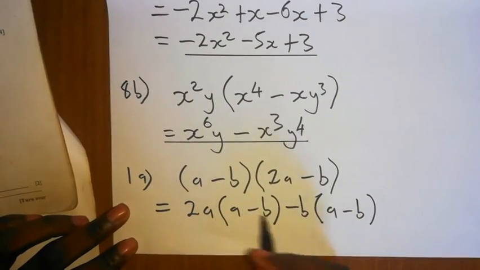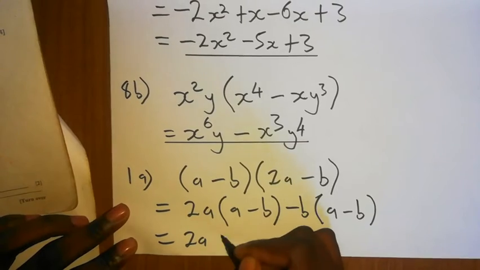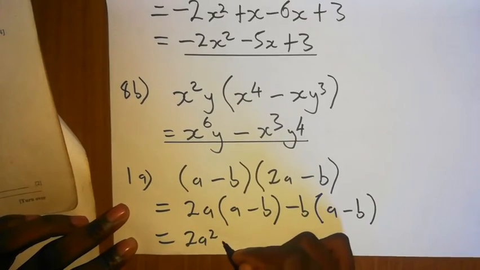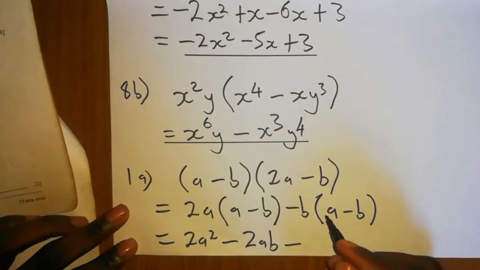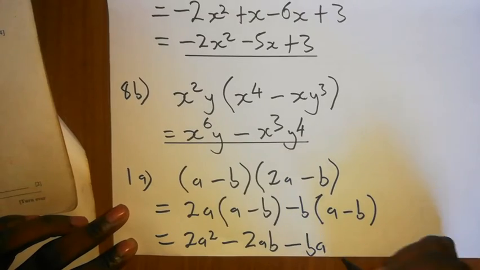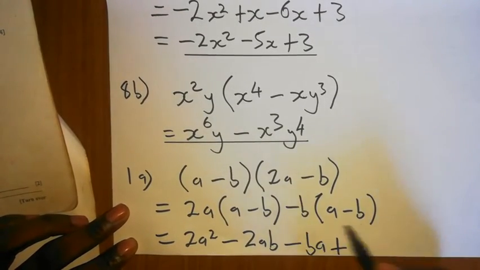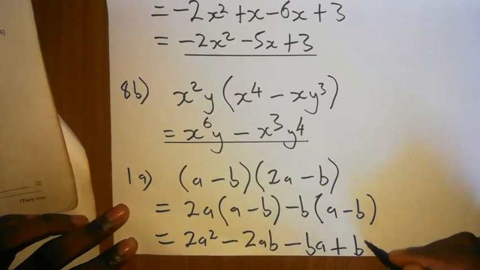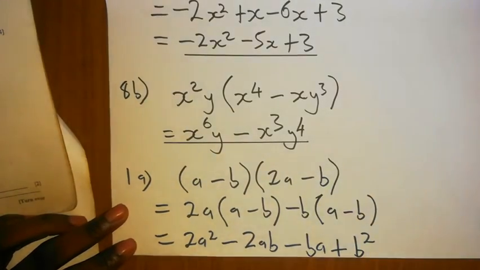Then I'm going to multiply everything here by 2a. So that's 2a squared minus 2ab minus, so I'm multiplying this other bracket using negative b, minus ba, plus this plus, I obtain this plus by saying minus b times minus b, that's going to be b squared. Bear in mind, I already have my like terms there in between.